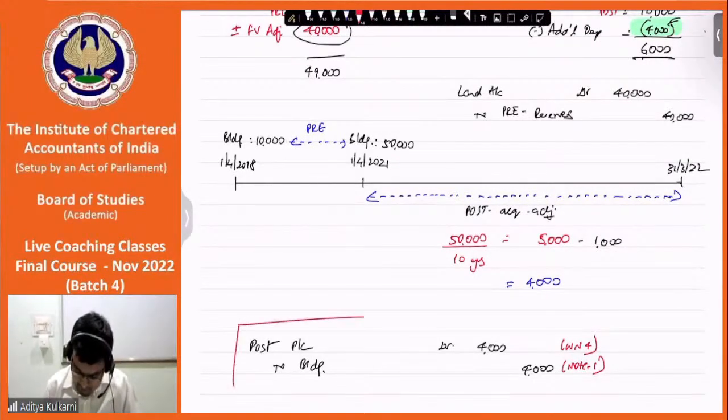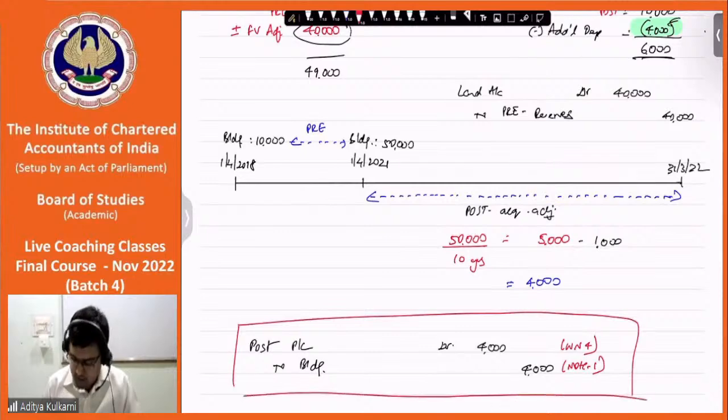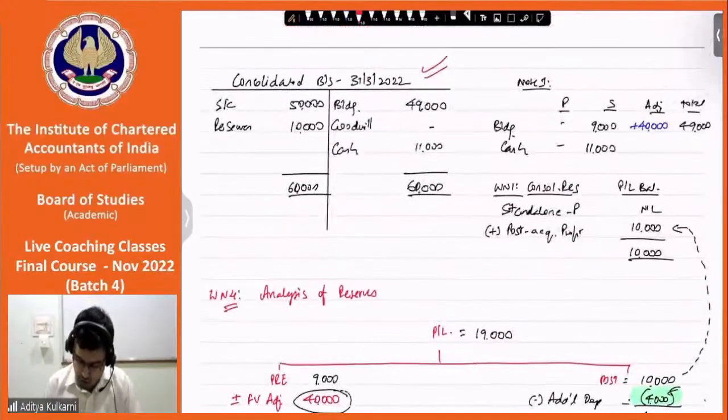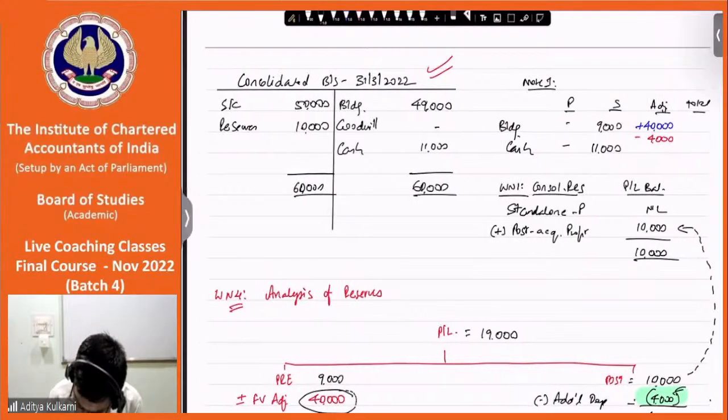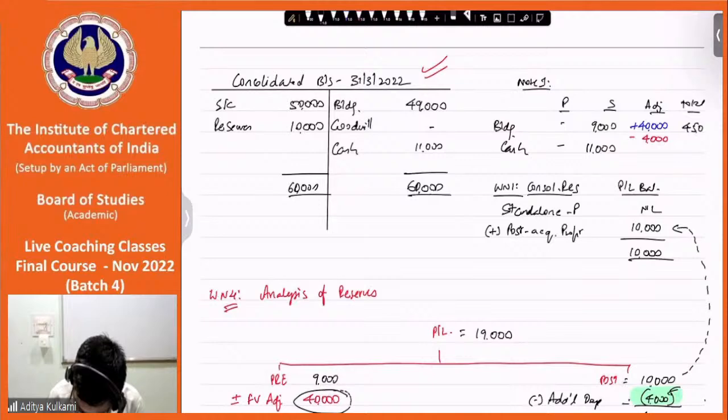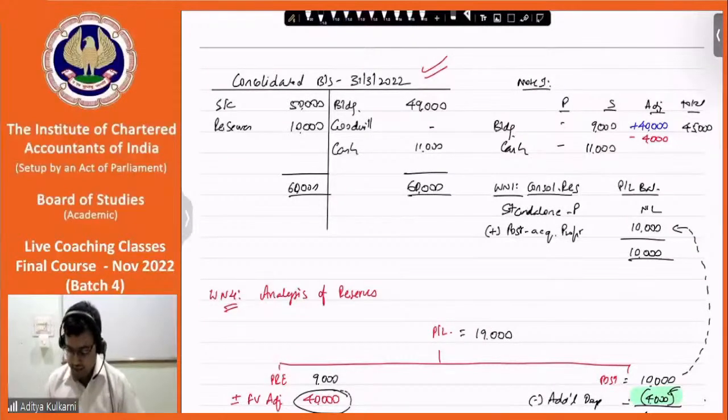Is it okay? Yes. Are we clear about this? So if you go to your building now, in note number 1, it will appear somewhat like this, minus 4,000. So this comes to how much? 45,000.